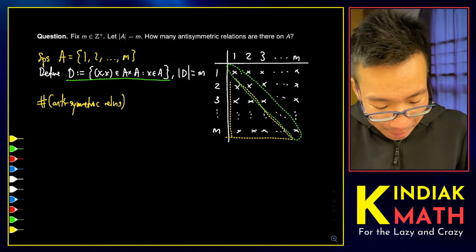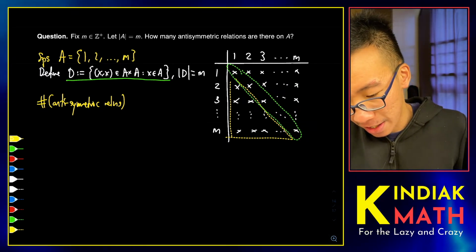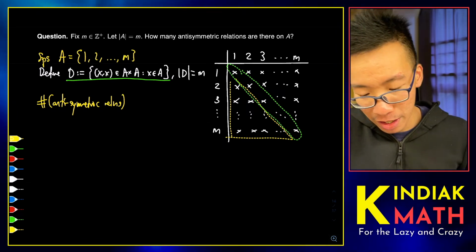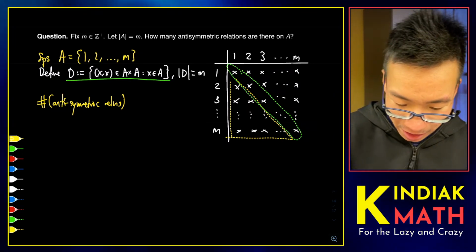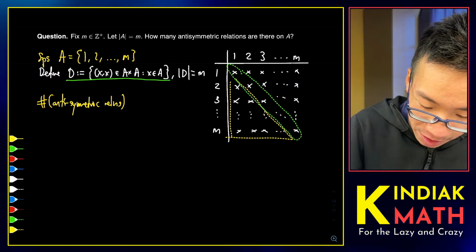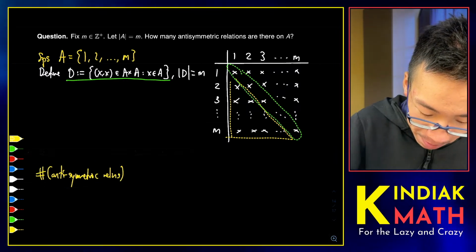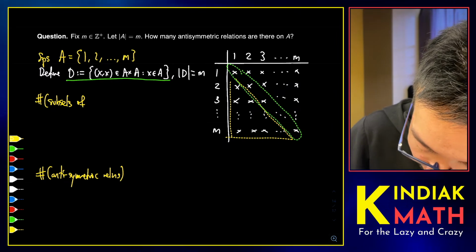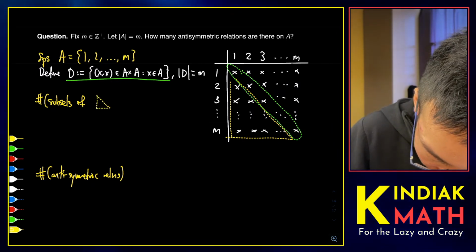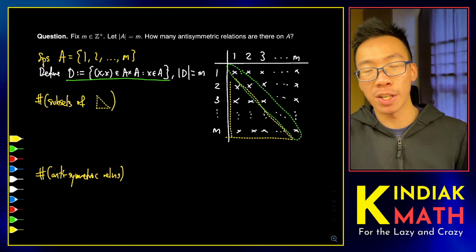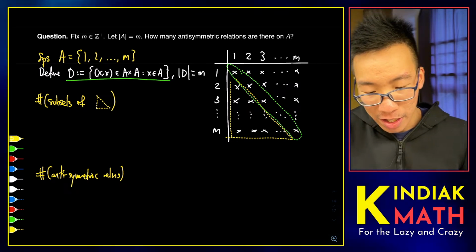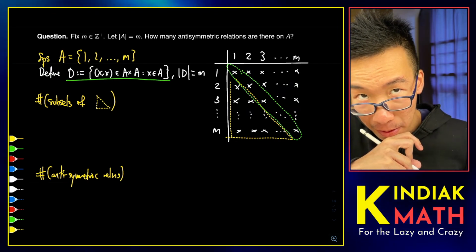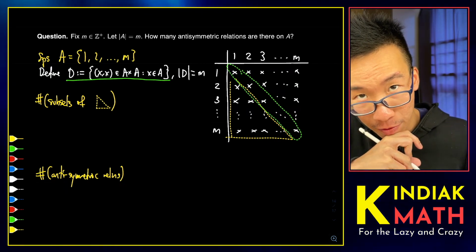This is a little bit complicated, but we are going to consider this option here. Firstly, we're going to count the number of subsets of this expression being chosen, the number of non-empty subsets.